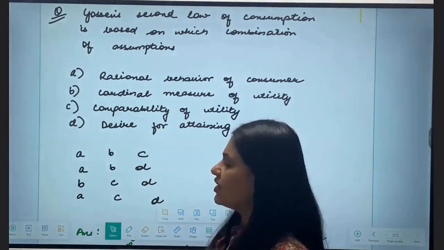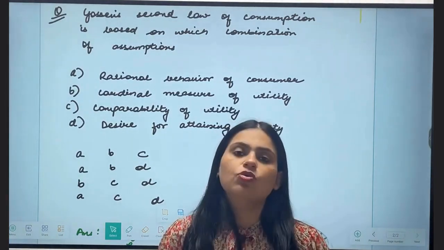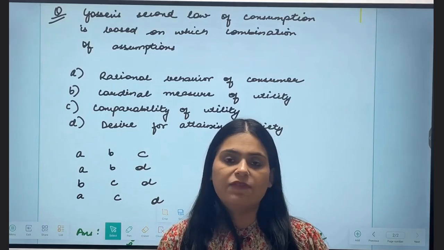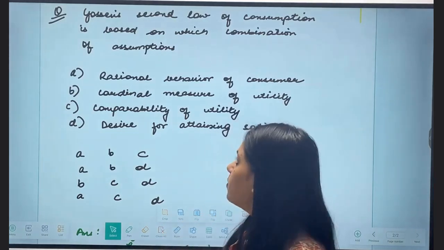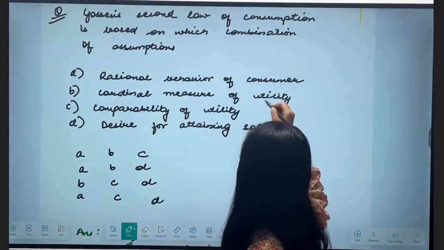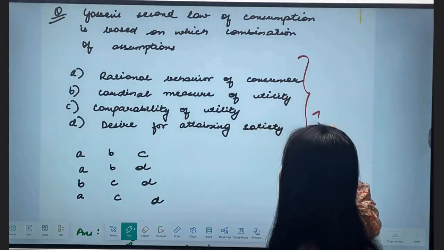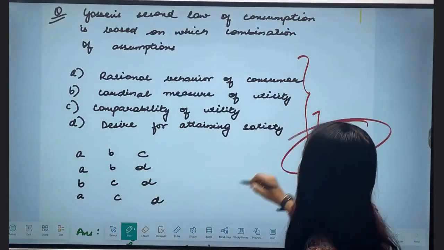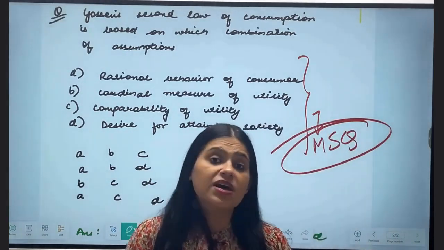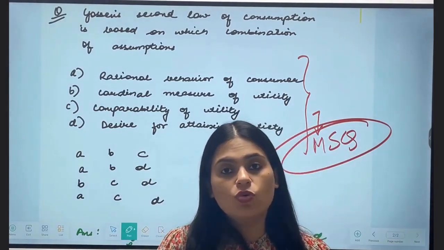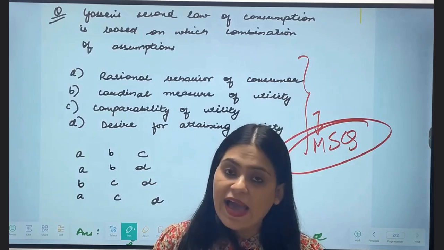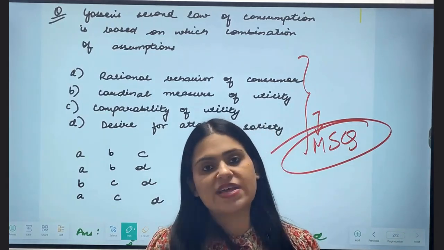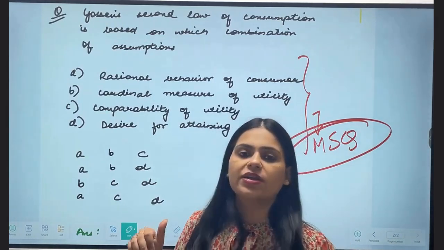Desire for attaining satiety: I aim to achieve the maximum level of satisfaction. There are such questions now. These can come as part of your MSQ also. And we know that in GATE you have multiple select questions as well, and it can come in that.